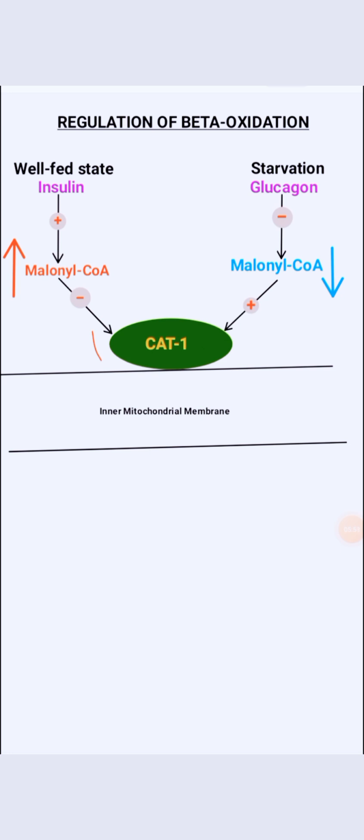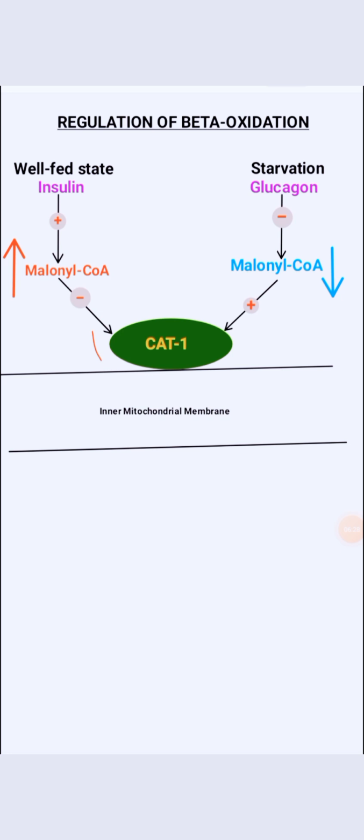Now, when a person is starving, when we don't have glucose, you're going to find that the alpha cells will start producing glucagon. The alpha cells are cells that are found in the pancreas. They'll produce glucagon, and what happens is that it prevents the formation of malonyl-CoA, so that you shouldn't be making fatty acids, because you want to use that acetyl-CoA to make ATP.